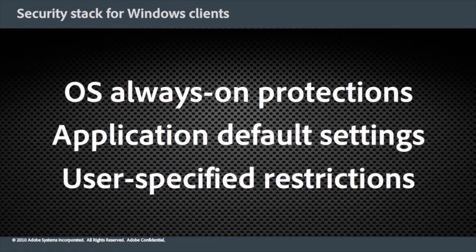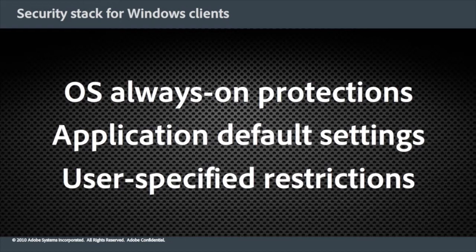The Acrobat family of products provides several layers of protections. Each layer either reduces the potential attack surface area that an attacker may exploit, or makes it more difficult for such an attack to be successful. These protections can be grouped into several broad categories. OS-level always-on protections. These are Windows-only features because they are OS-specific.